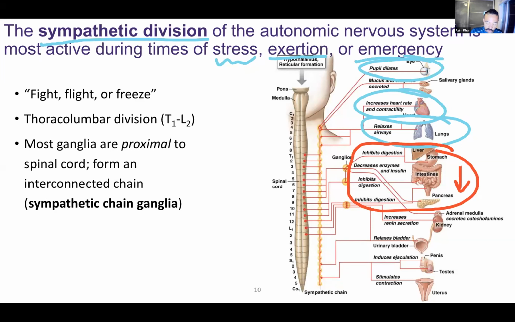So if you remember, our mnemonic for the sympathetic division is fight, flight, freeze. You use it in times when you need to fight, when you need to run away, or if you just stay frozen still, not sure what to do, but you're all freaked out. That's your sympathetic division.